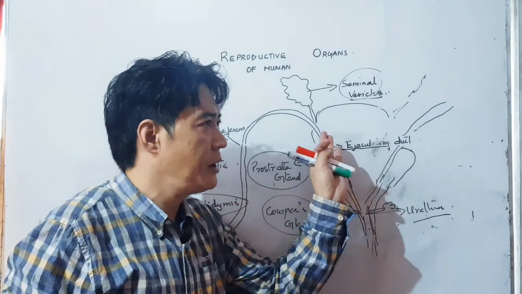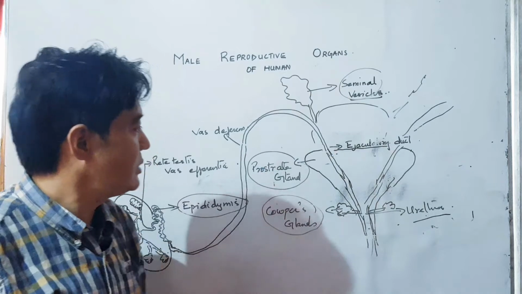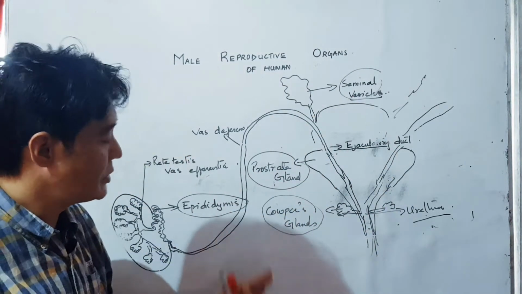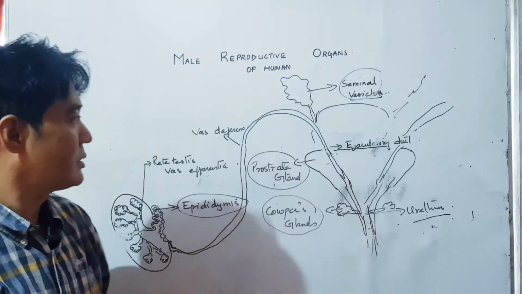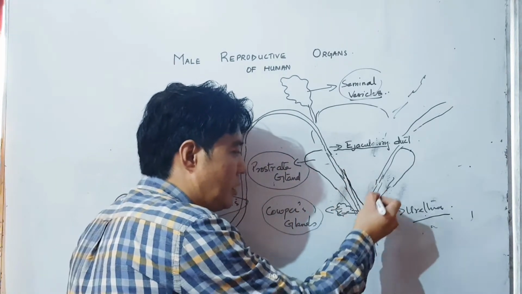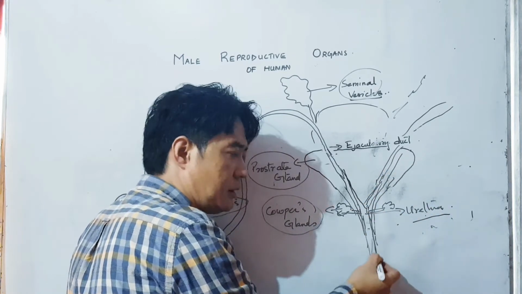In this spermatic cord, you will find three pairs of glands, that is seminal vesicles, prostate gland, and Cowper's gland. From the ejaculatory duct, there will be a common duct or canal for urine as well as sperm.